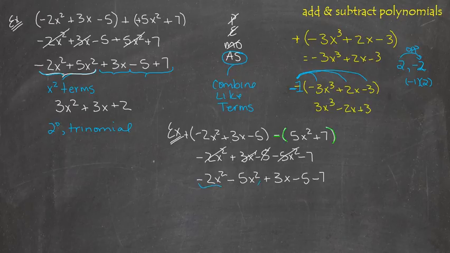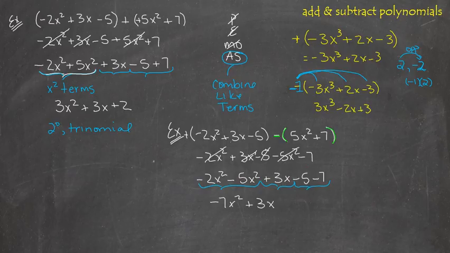These have the same name. They're x squared terms, and so I can combine those by combining the coefficients. Negative 2 minus 5, negative 7x squared. The next name term is an x term, and I only have one, and it's positive 3x. And then the last name terms that I have are my constants.